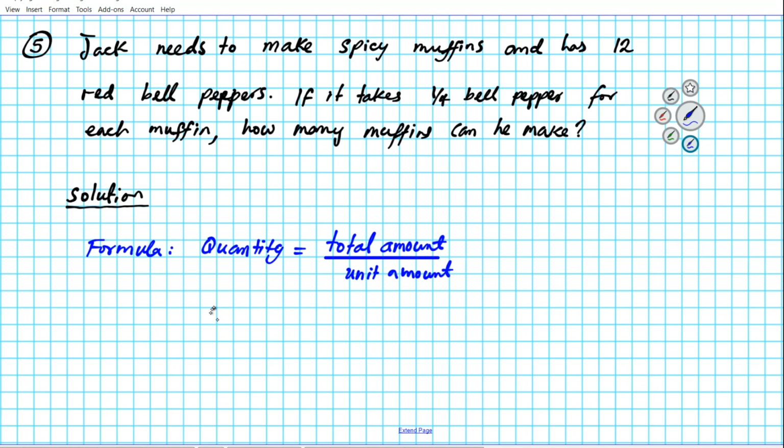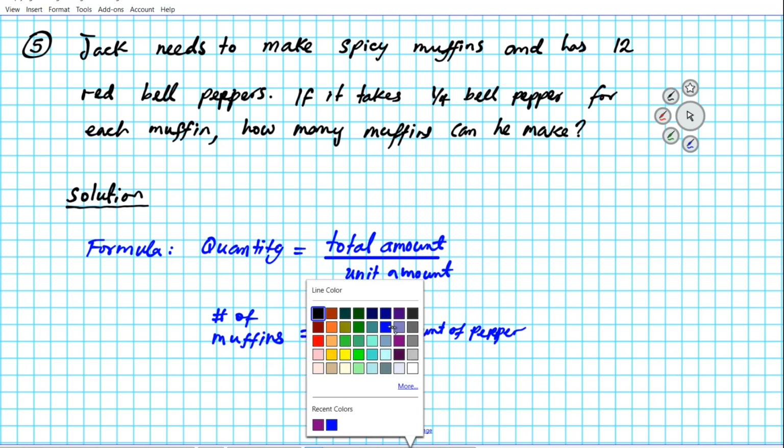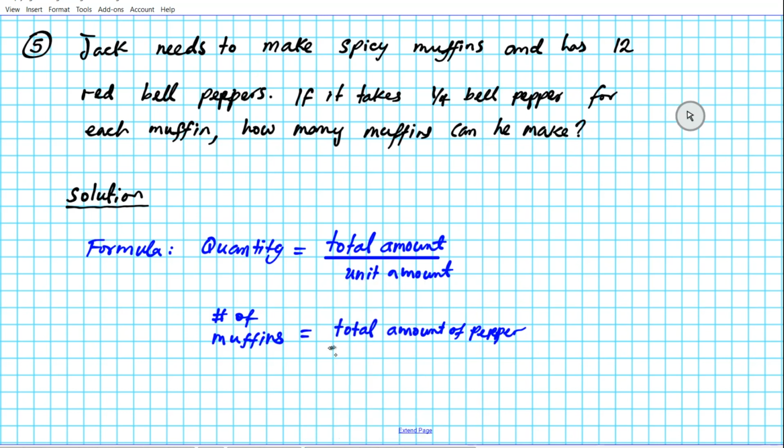All right, so the quantity that we need in this case is the number of muffins. The number of muffins is going to be the total amount of pepper divided by what? The total amount of pepper divided by the unit amount. What's the unit amount of pepper?